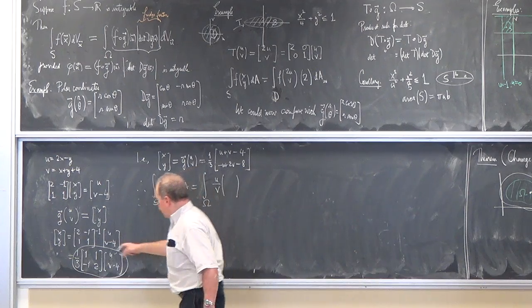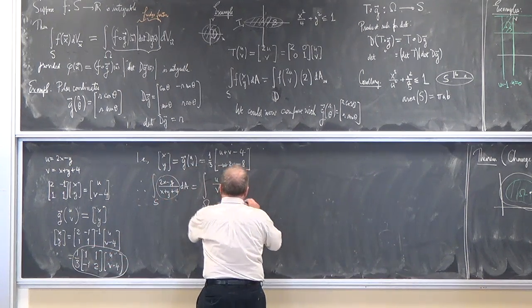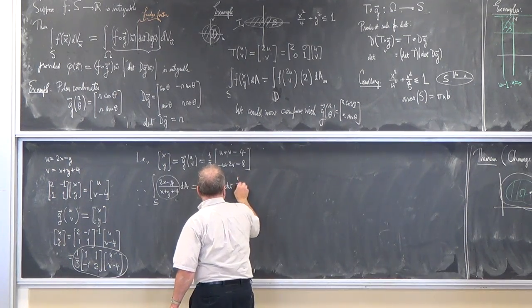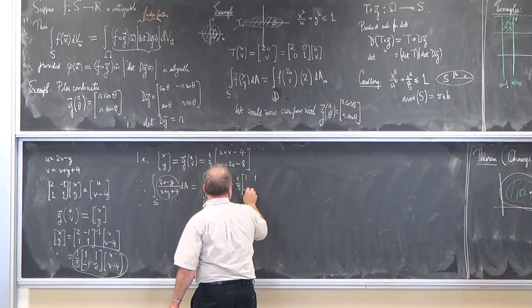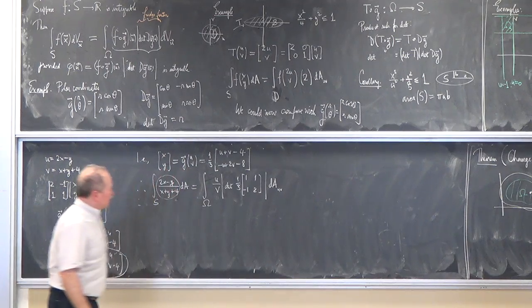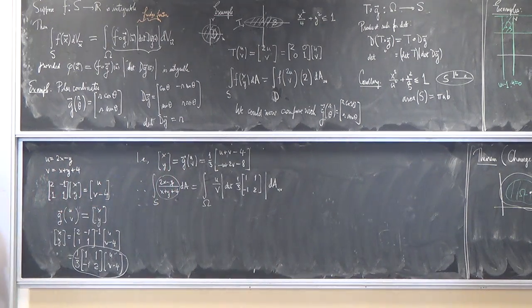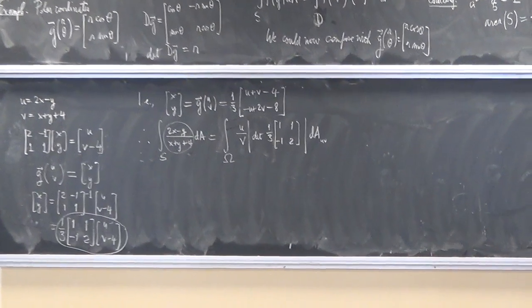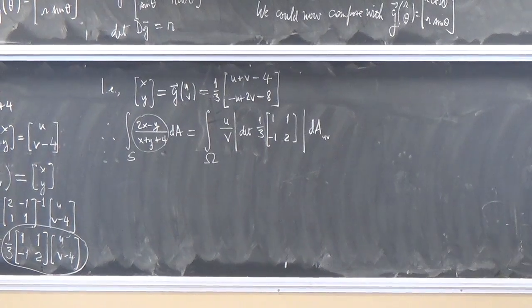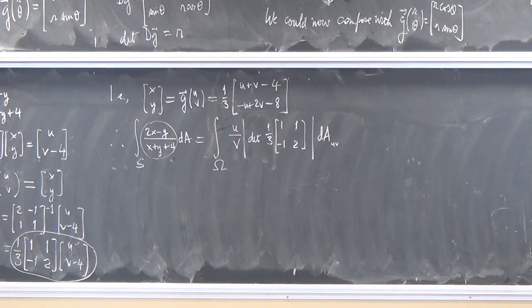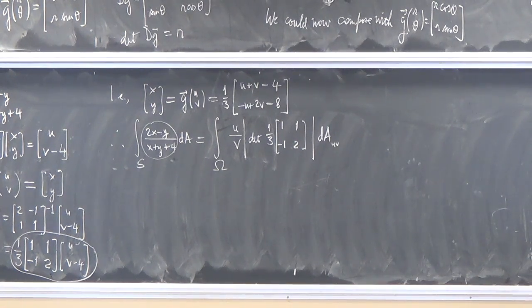So you're getting this matrix, and then we integrate dA in the UV plane. So what is the determinant of that matrix? Be careful. 3? No. Oh, 2 over 3? No, 1/3. You guys all fail. Epic fail. 2 over 3.